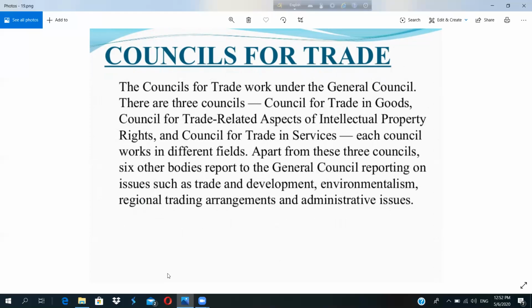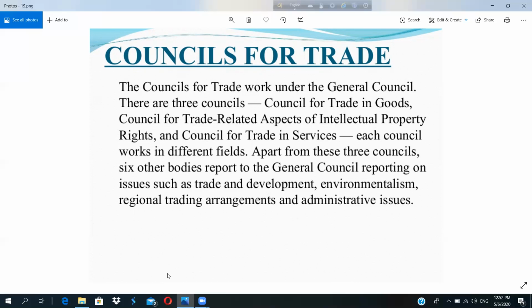Council for Trade. Okay, the Council for Trade works under the General Council. There are three councils: Council for Trade in Goods, Council for Trade-related aspects of intellectual property rights, and Council for Trade in Services. Each council works in different fields.